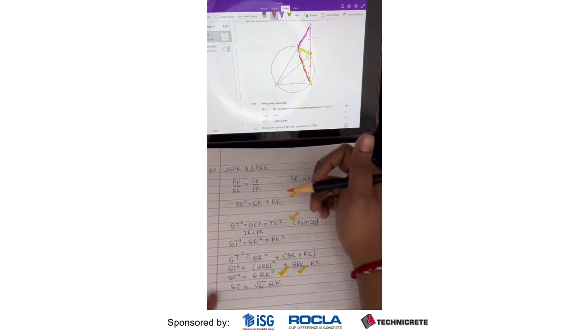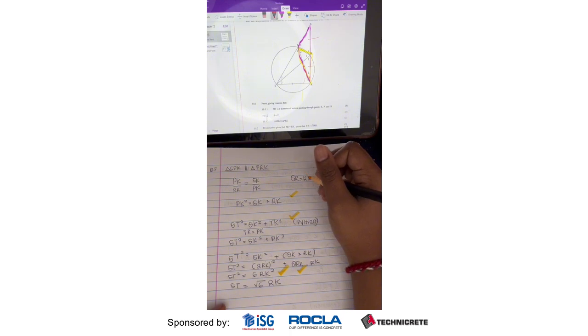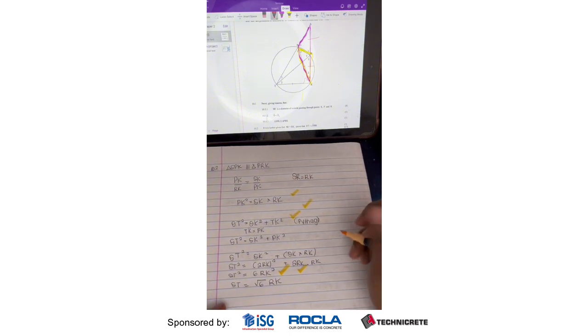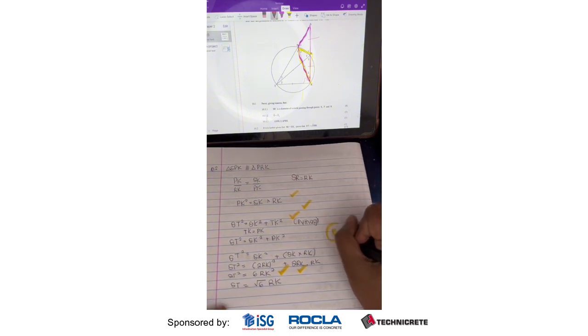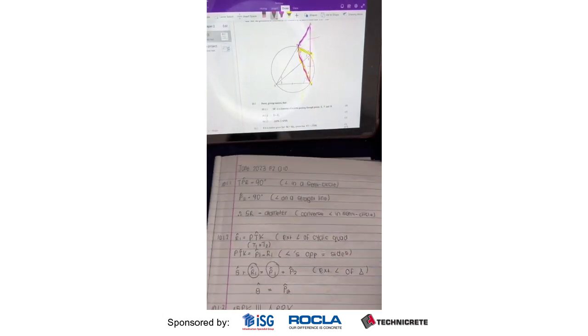So the other mark came from 2 points of similarity. 5 marks. The previous question was 3 marks, and this was proving similarity. 3 reasons.